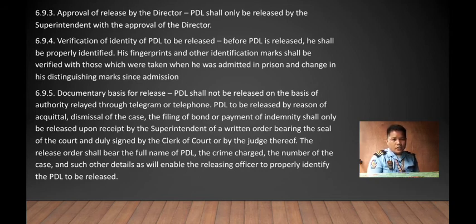The release order shall bear the full name of PDL, the crime charged, the number of the case, and such other details as will enable the releasing officer to properly identify the PDL to be released.